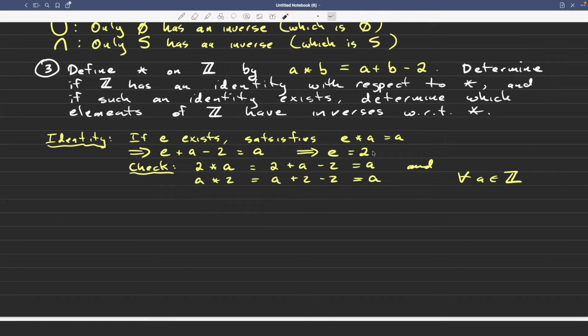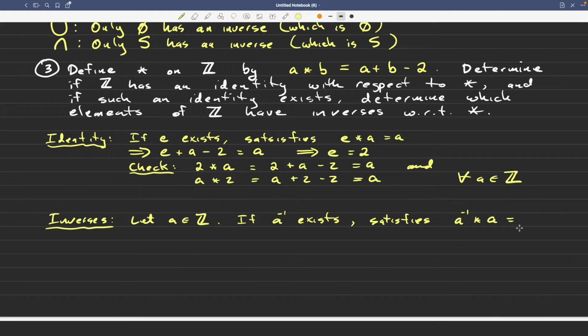So now it makes sense to ask the question about inverses. So let's think about inverses. We can just start with an arbitrary element and think about what this arbitrary element's inverse would have to be if there is one. So let's let A just be an arbitrary element of the integers. If A inverse exists, which I don't know yet, but if it did exist, it's got to satisfy the property of being an inverse.